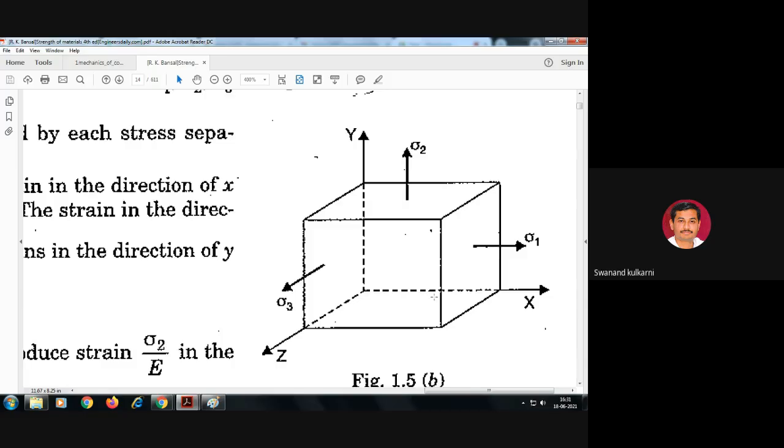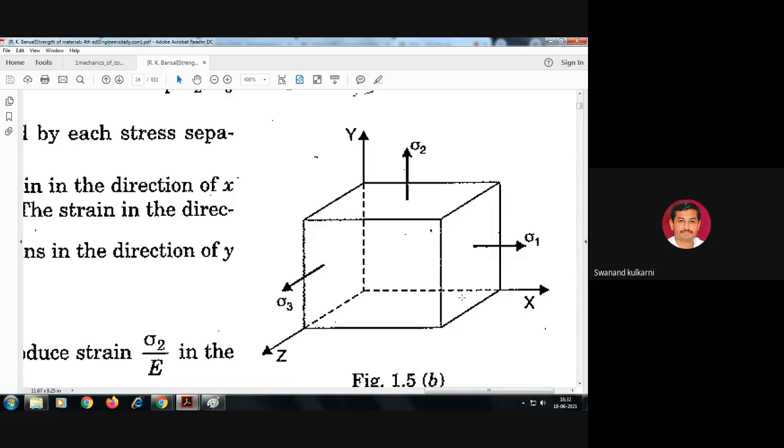And that particular deformation in the direction X, what is going to happen as the effect of these two forces P2 and P3? We are considering tensile types of forces, not compressive. Sigma 2 and sigma 3, as in the figure, are tensile, not compressive.